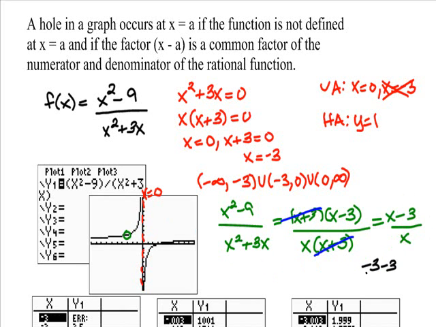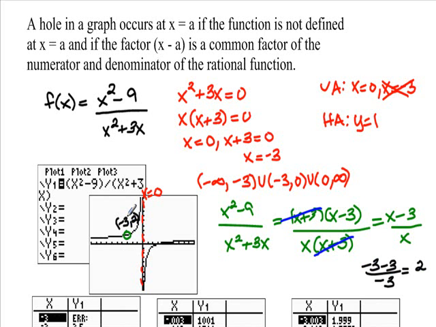We would get negative 3 minus 3 over negative 3, which is really negative 6 over negative 3, which is 2. So at negative 3, 2, there is a hole in the graph. Your calculator can't show the hole because it lights up the pixels that are nearby.